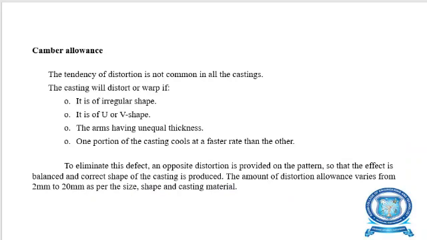To eliminate this defect, an opposite distortion is provided on the pattern so that the effect is balanced and the correct shape of the casting is produced. The amount of distortion allowance varies from 2 mm to 20 mm as per the size, shape and casting material.